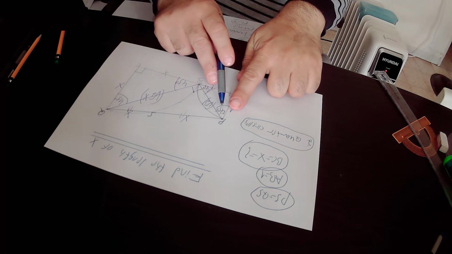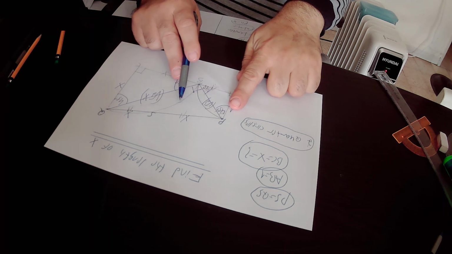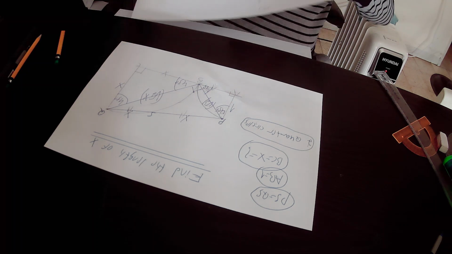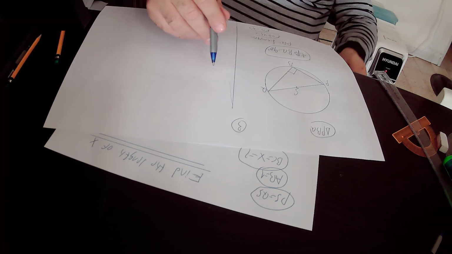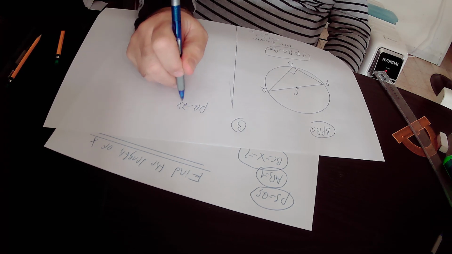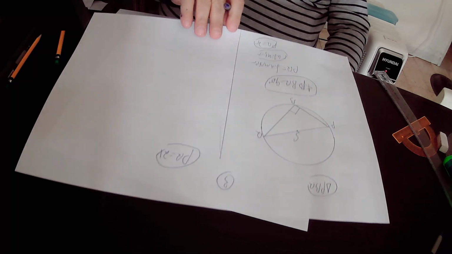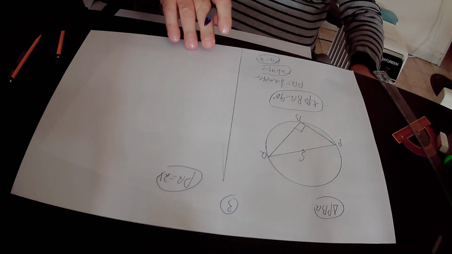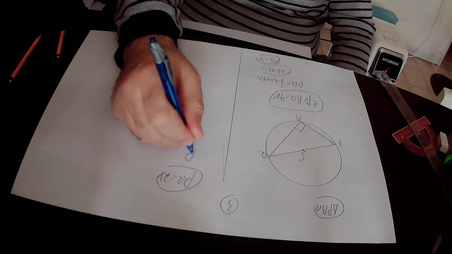So in total PQ equals x plus x, that is 2x. So PQ equals 2x from one side, but from the other side, we already found out that PQ equals 2r, it is the diameter of the circle.